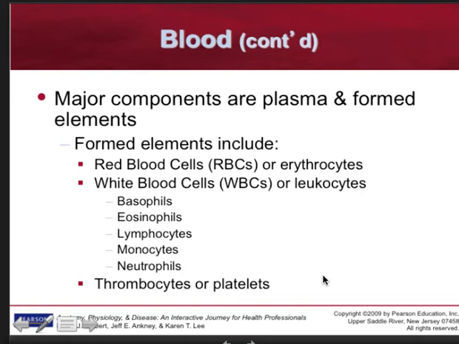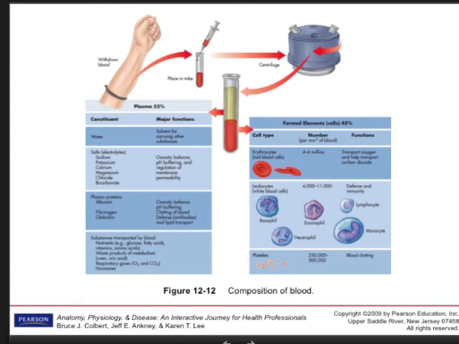There's no great potential for biosynthesis here. They're basically delivery vehicles for the proteins that they carry. The other formed elements, the white blood cells, all have nuclei and they're capable of biosynthesis and of mitosis.